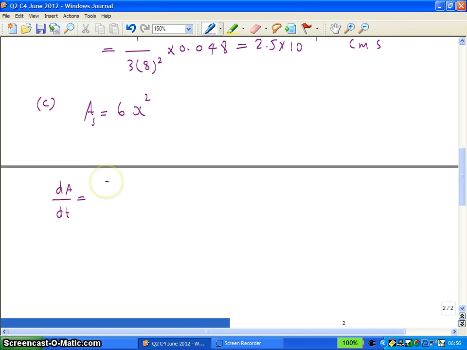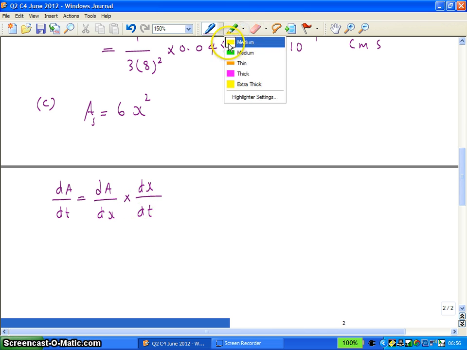Again, I can bring in another variable to aid us to solve the problem, and this time that intermediate variable is going to be x, and we see why. If I write dA/dt just like that, and then divide by dx and times by dx, then again I've kept the balance so that the left hand side of the equation is exactly the same as the right hand side.